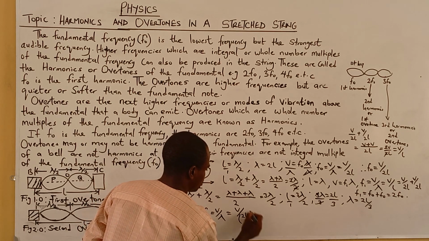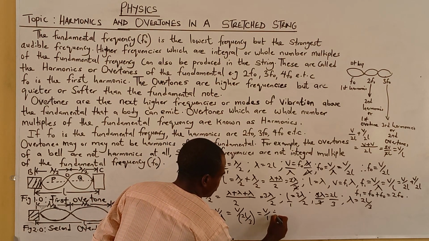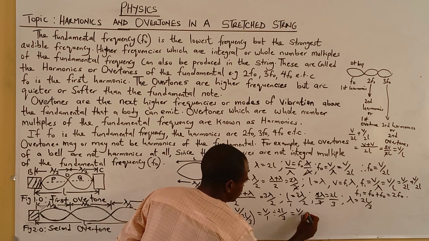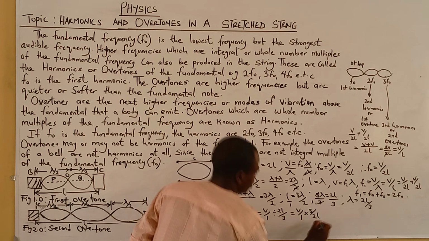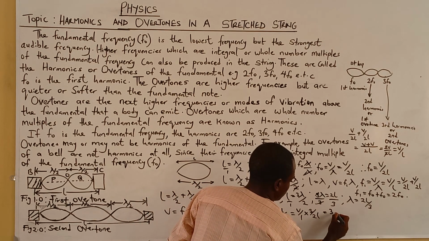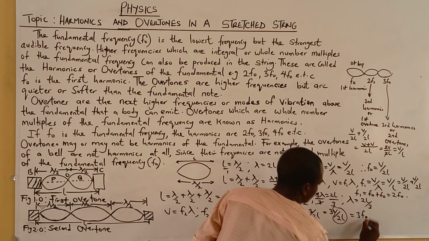Take note, this becomes V over 1 divided by 2L over 3, which is V over 1 times 3 over 2L. Change it to times, which is 3V over 2L. This one is F naught, so I see F2 equals 3F naught.